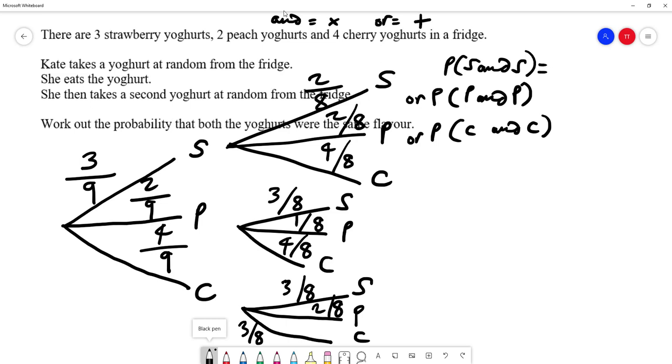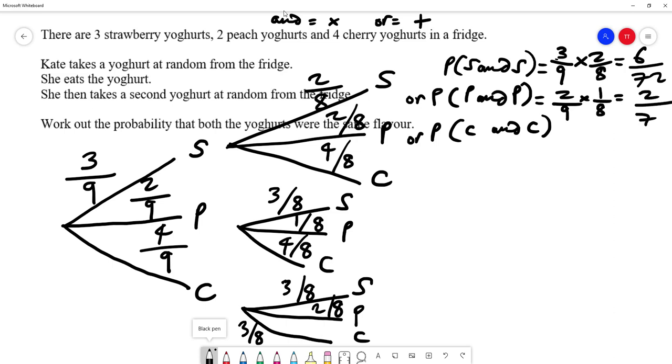So to get a strawberry would be 3 out of 9 times 2 out of 8, which is going to be 6 out of 72. To get a peach is 2 out of 9 times 1 out of 8, which is 2 out of 72.